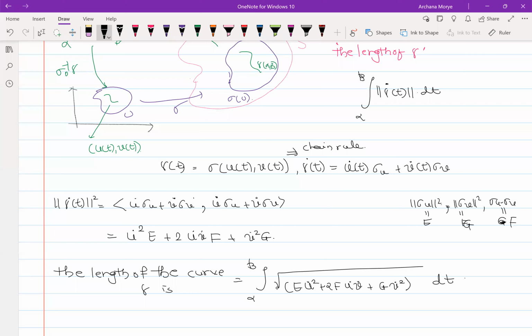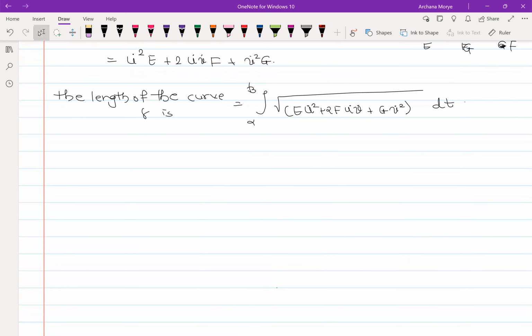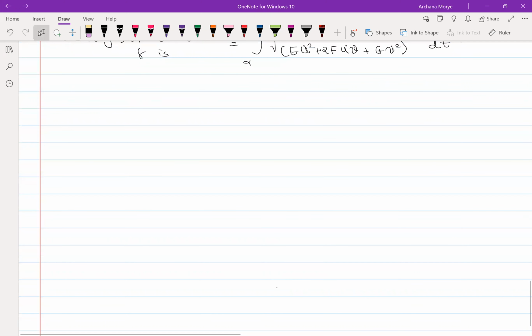Okay, let us calculate one example of how to actually calculate this arc length, so it will be clearer to us.